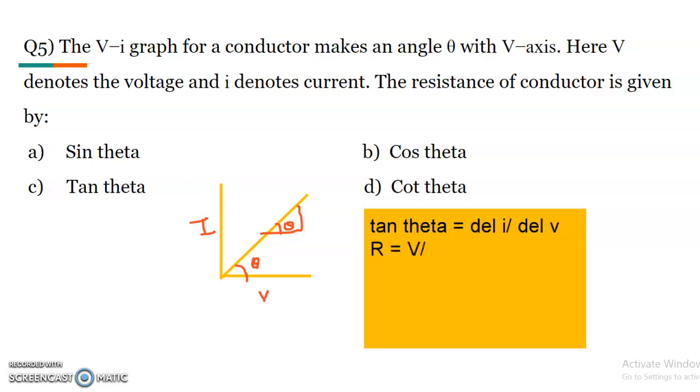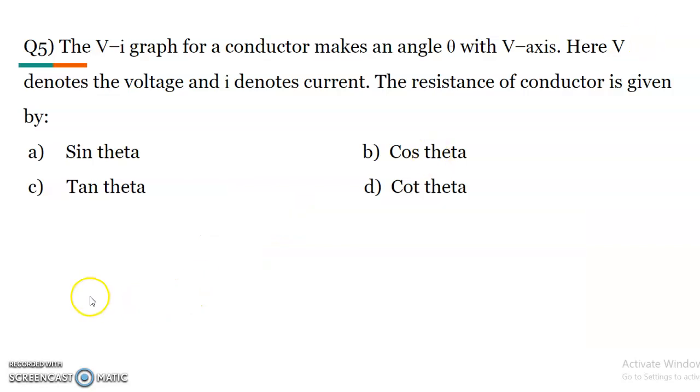R is equal to V by I. Therefore, tan theta is equal to 1 by R. Remember guys, like how we saw in the previous question. Therefore, R is equal to cot theta. Now let us check our answer. The answer is option D, cot theta.